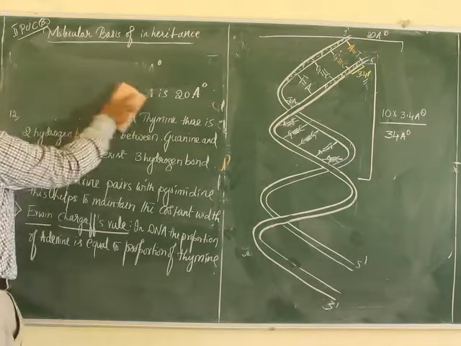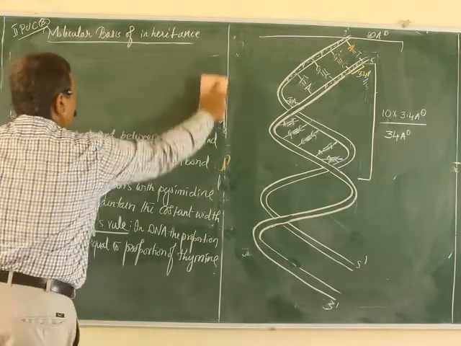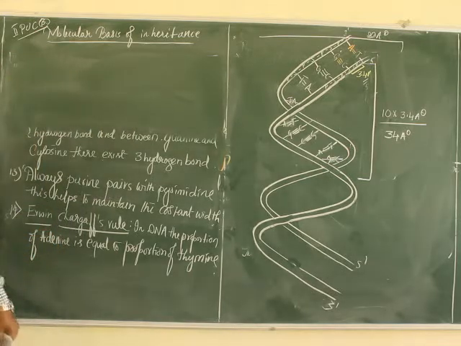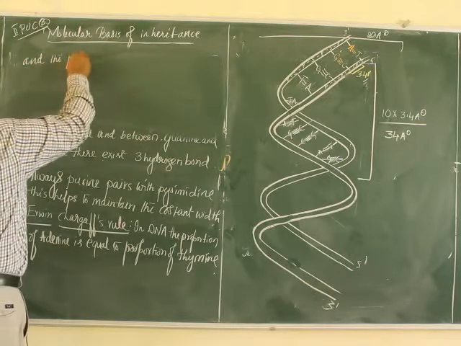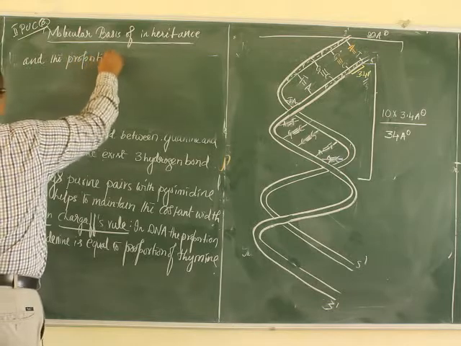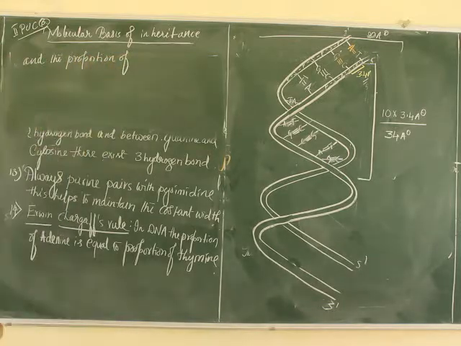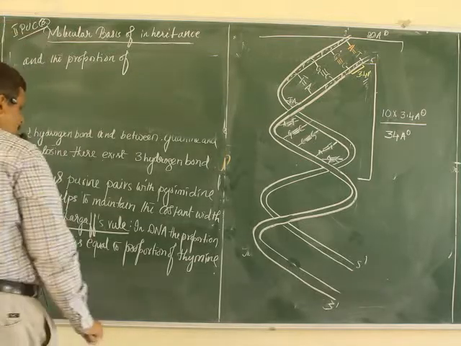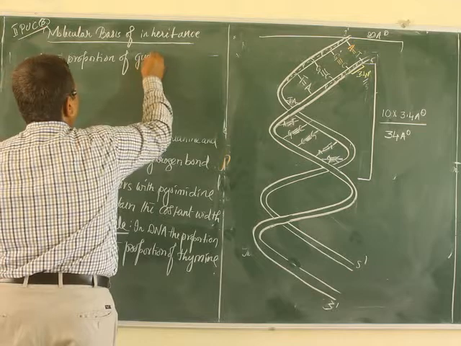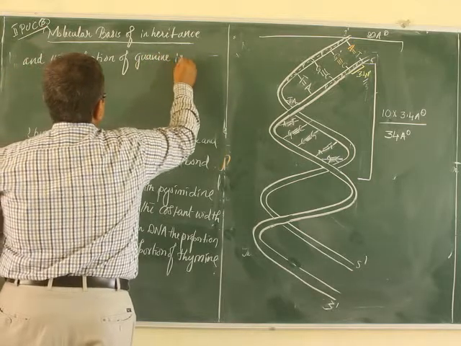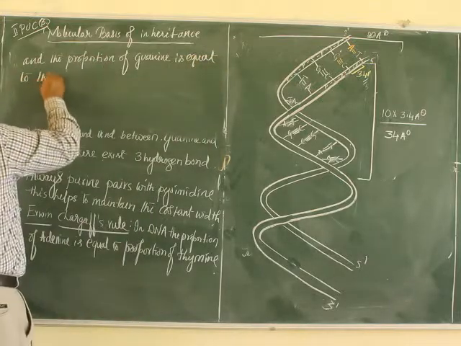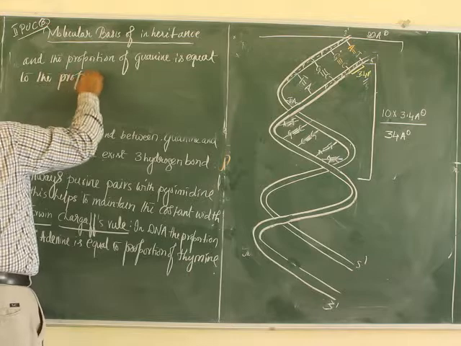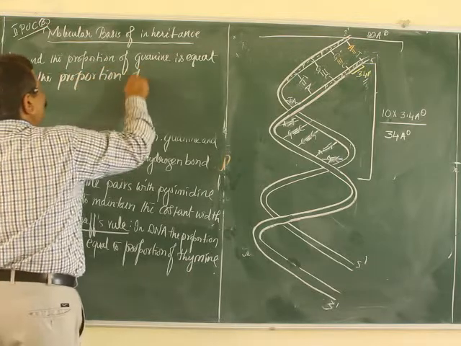And the proportion of guanine is equal to the proportion of cytosine.